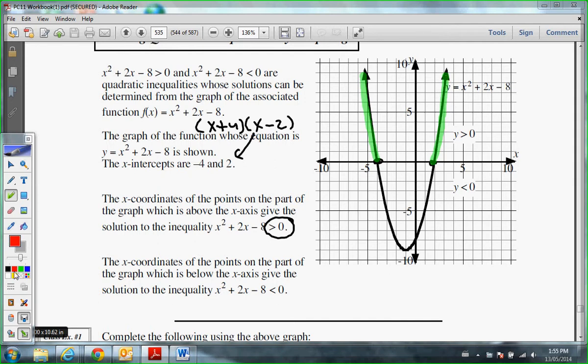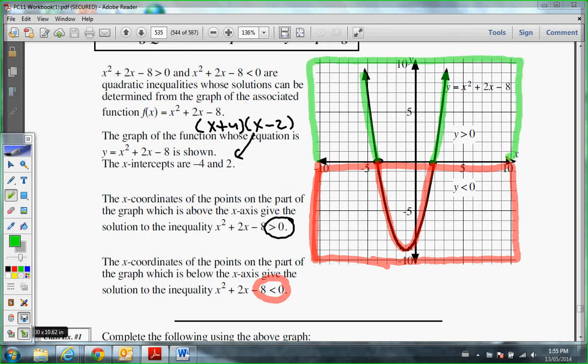And then for the next part, it says, where is it negative? That would be this part. This part's in the negatives. When I say negatives, I mean underneath the x-axis here. That part is your negative part, and this part is your positive, your green part, above the x-axis.